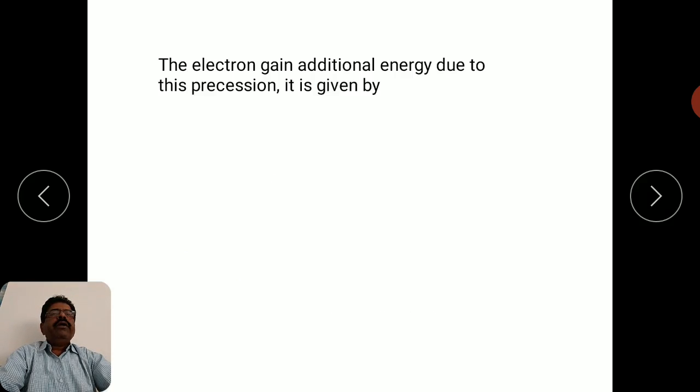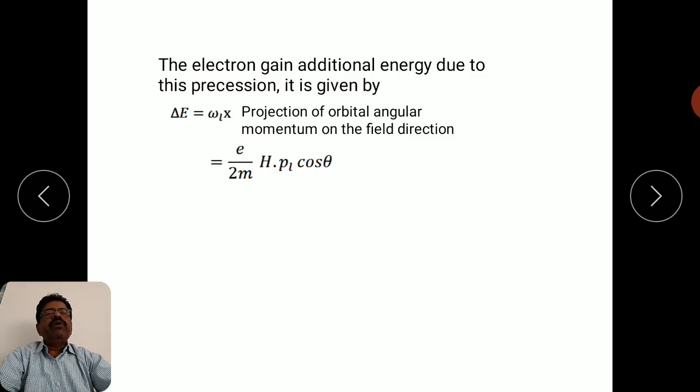Now the electron gains additional energy due to this Larmor precession, and this additional energy delta E is given by omega L into the projection of the orbital angular momentum vector along the field direction. For omega L, you can substitute e upon 2m into h, the Larmor frequency we just saw, and the projection of the orbital angular momentum vector on the field direction is equal to PL cos theta.